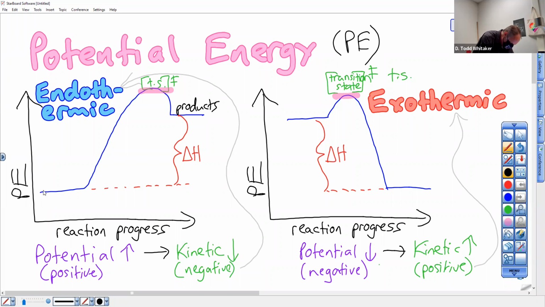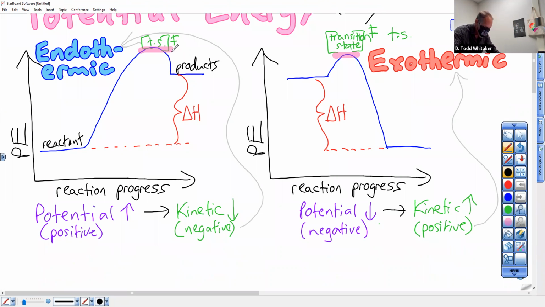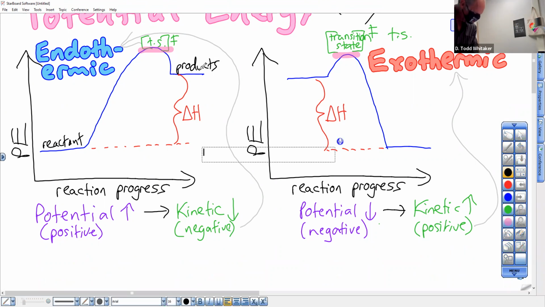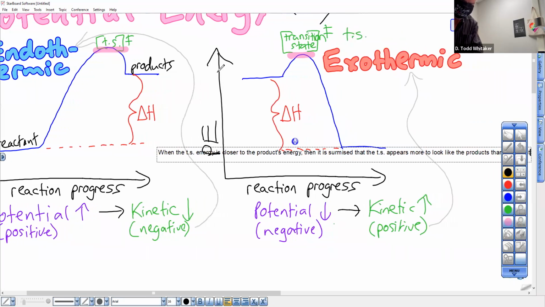When the TS energy is closer to the product energy, then it is surmised, that's a good word, you're proposing something, surmising, that the TS appears more to look like the product than the reactant. Don't worry, I'm going to move this around, make it look nicer.